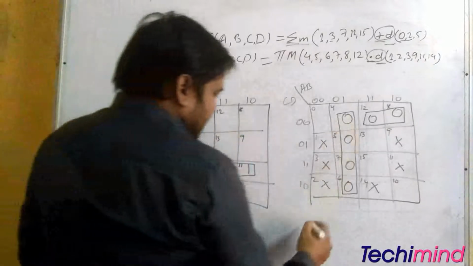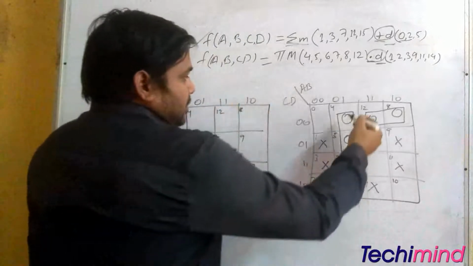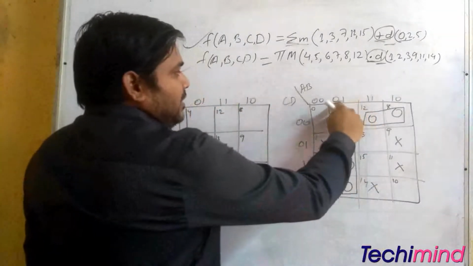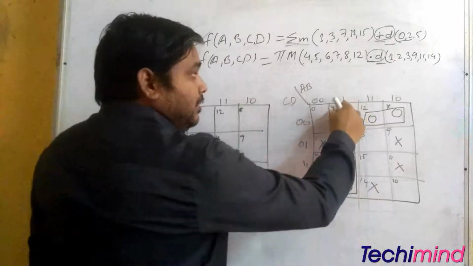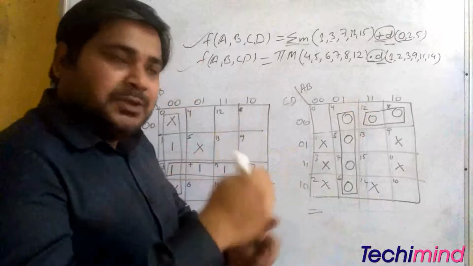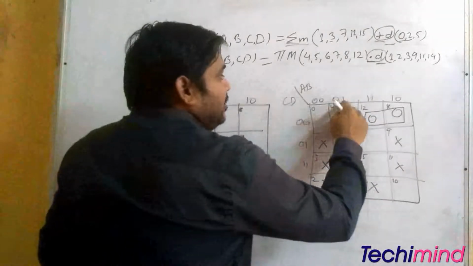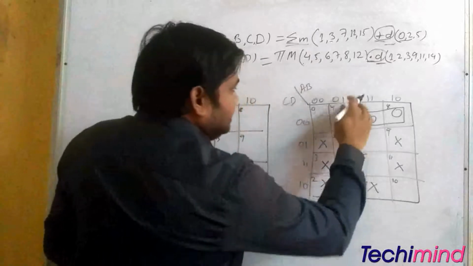In this SOP term, first of all, what is common? A naught and B. A naught B. But as we know, it is just the reverse in POS term. So this A naught B corresponds to the AND form.